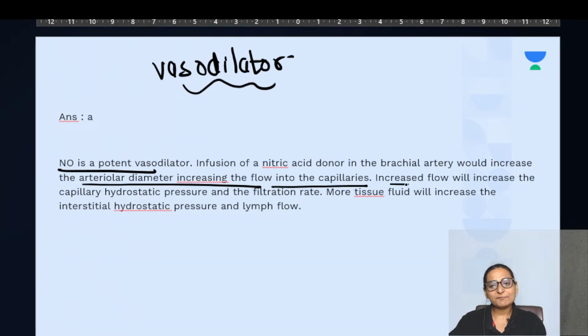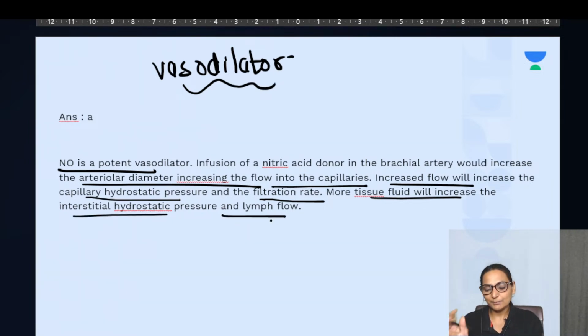When you increase the flow to the capillaries, you increase the capillary hydrostatic pressure. That increases the filtration rate, and more tissue will increase the interstitial hydrostatic pressure and the lymph flow. So you are increasing filtration by increasing hydrostatic pressure by increasing the flow by causing vasodilatation.